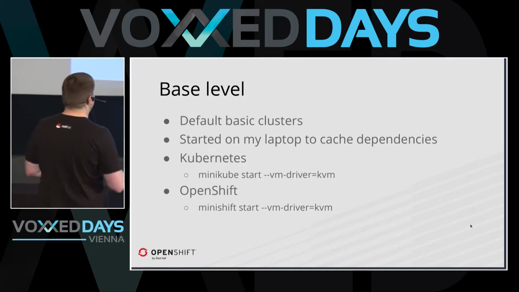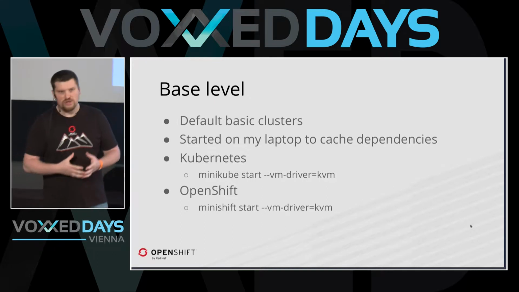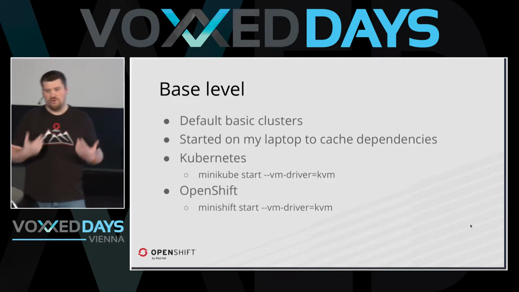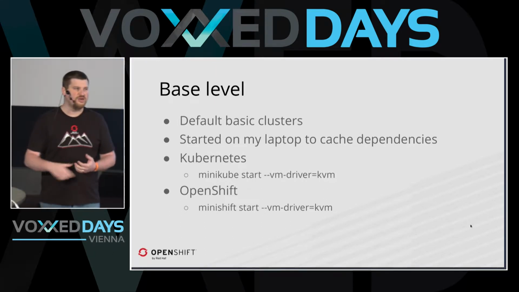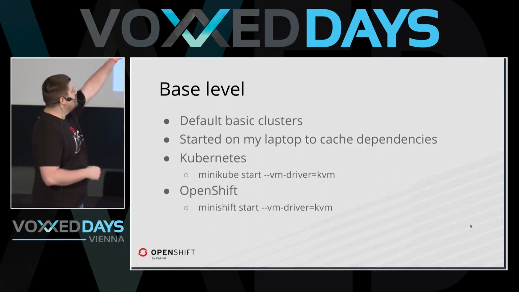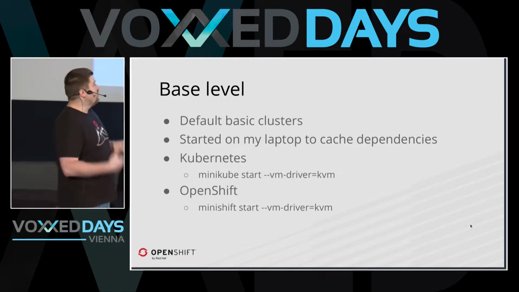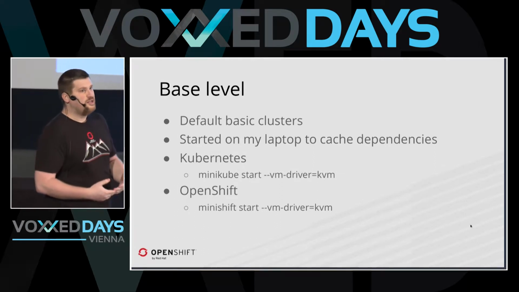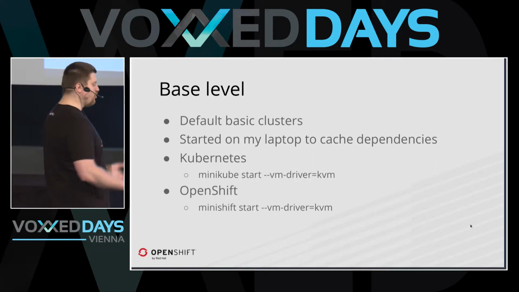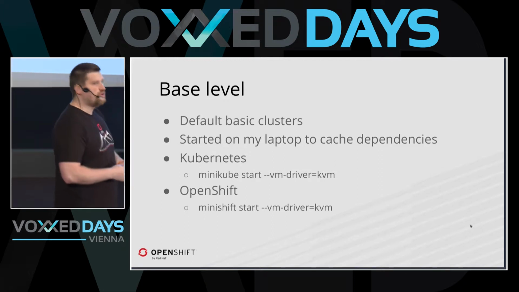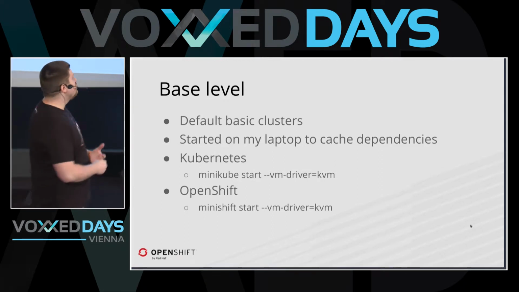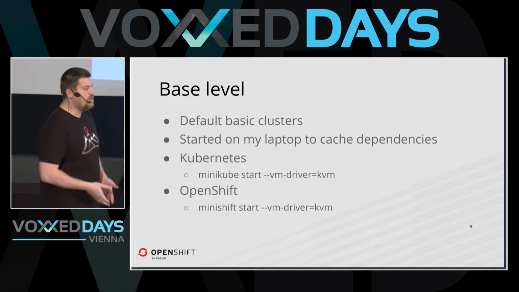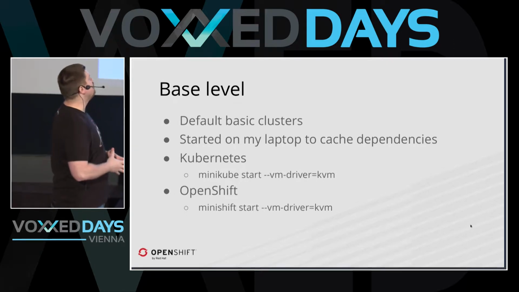And I am running a single node cluster of both of those on my laptop right here. These are the commands that I use to start the cluster. It's the default configuration. I didn't add anything extra there. I didn't add ingress into Kubernetes because it's not there by default. So essentially, this is just what you get if you deploy the bare bones.